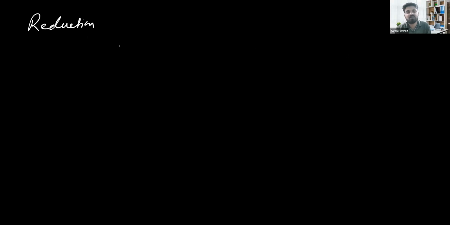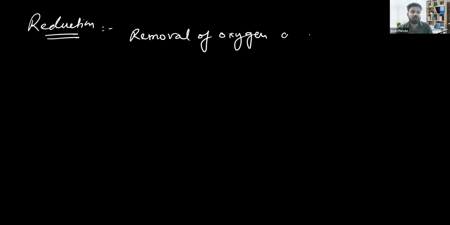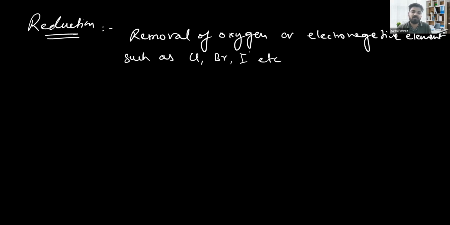So let's start the fresh topic of today, that is reduction. Reduction is the removal of oxygen or electronegative elements such as chlorine, bromine, iodine, like chloride, bromide, and iodide.